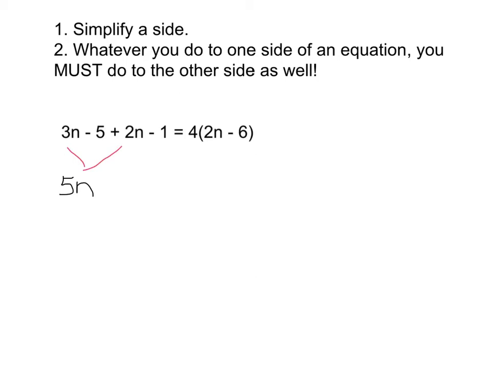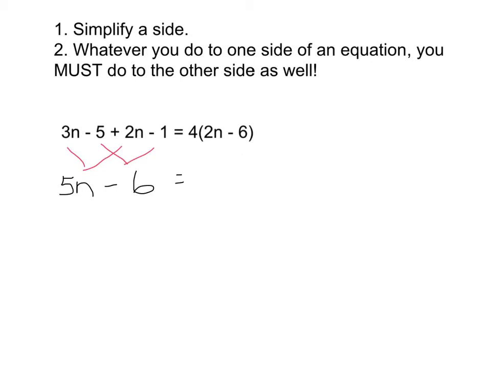We also notice that we have two terms that have simply numbers in them and not n's, one of which is -5 and the other of which is -1, if we consider them to be 3n plus -5 plus 2n plus -1. So that's -5 plus -1 is -6, which means that we have 5n minus 6, or equivalently 5n plus -6. We'll leave this as 5n minus 6 for now. That's the conventional way to write it, but either would be acceptable.